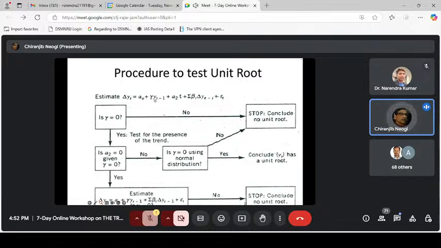If this is 0, then these are the unit root. And if this is not 0, then there is no unit root, so we will not go further in this analysis. So I can say there is no unit root.